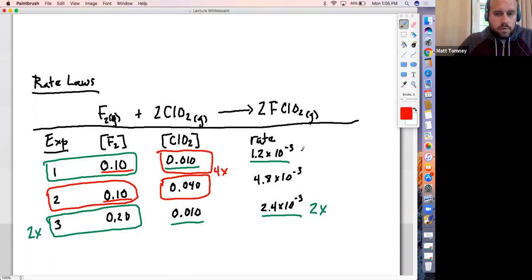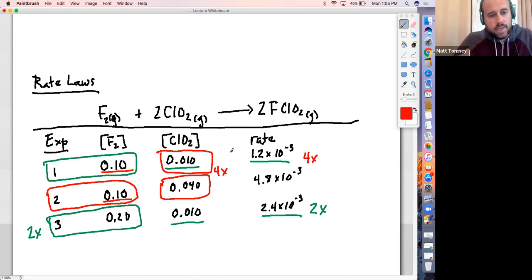So what happens to the reaction rate between experiment 1 and experiment 2? Well, 1.2 times 4 would be 4.8. So I also see a 4 times increase in rate when I have a 4 times increase in concentration. So these must have the same relationship that the fluorine did. There's a direct one-to-one relationship between the ClO2 and the rate of the reaction, right?